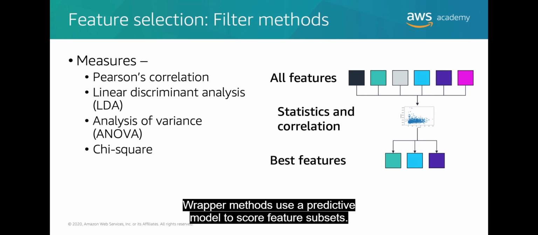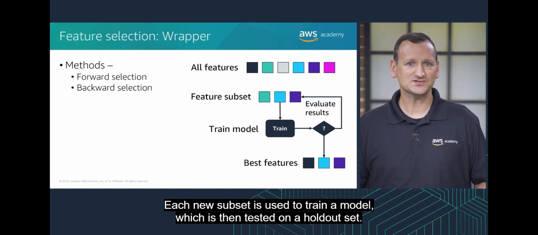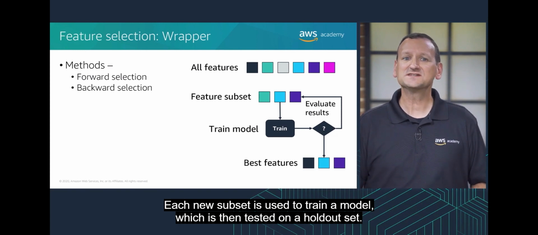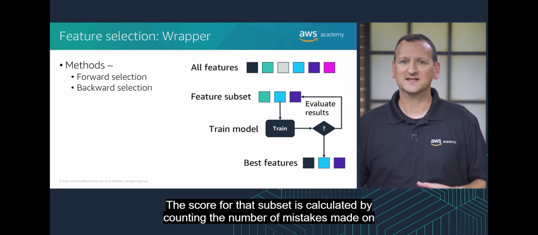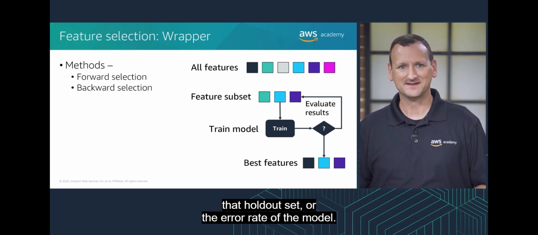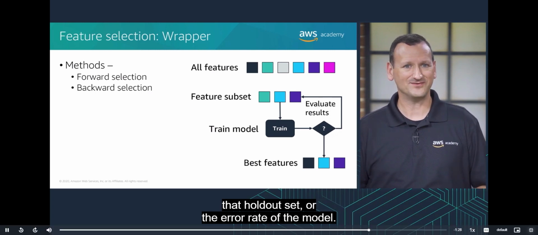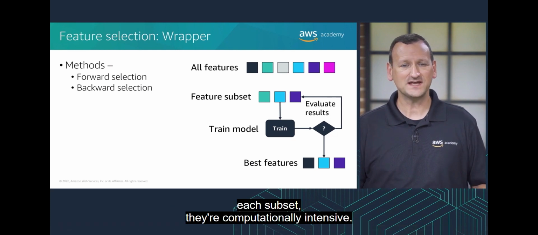Wrapper methods use a predictive model to score feature subsets. Each new subset is used to train a model, which is then tested on a holdout set. The score for that subset is calculated by counting the number of mistakes made on that holdout set, or the error rate of the model. Because wrappers train a new model for each subset, they're computationally intensive.